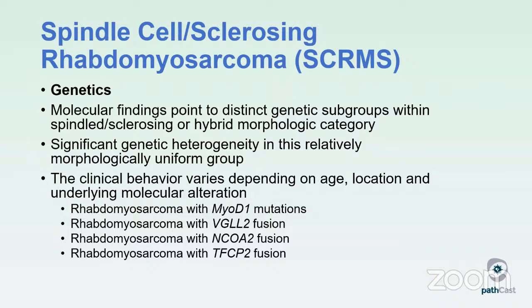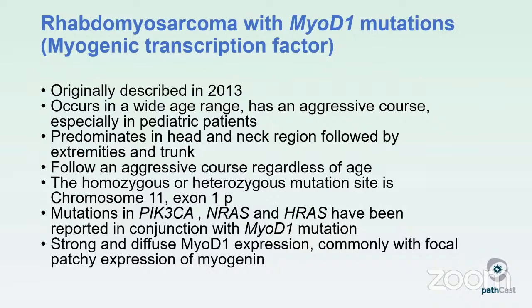So far, 4 subgroups have been defined for spindle cell sclerosing rhabdomyosarcoma: the group with MyoD1 mutation, a group with VGLL2 fusion, a group with NCOA2 fusion, and the most recently described group is the one with TFCP2 fusion. So going over these 4 groups briefly, as their behavior is different.